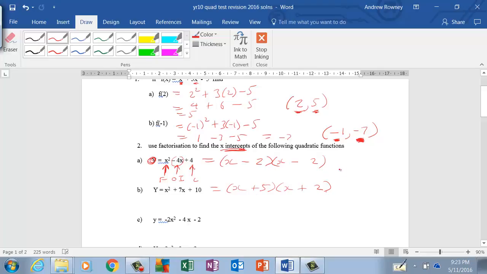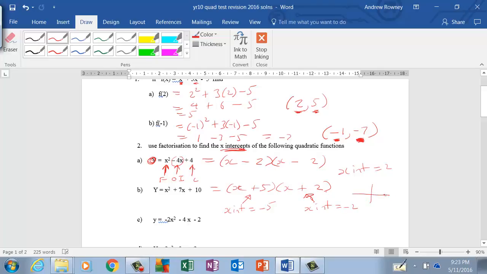Now, just like up here, the x-intercept was equal to 2. Here, we're going to get 2 x-intercepts. This one here means the x-intercept is equal to minus 5, because if you put minus 5 where x is, then this will be 0. And the x-intercept here is going to be equal to minus 2, because it'll make that 0.